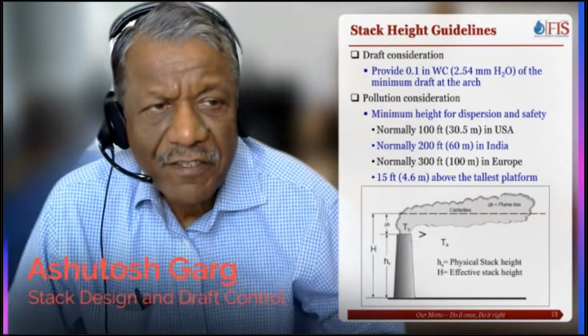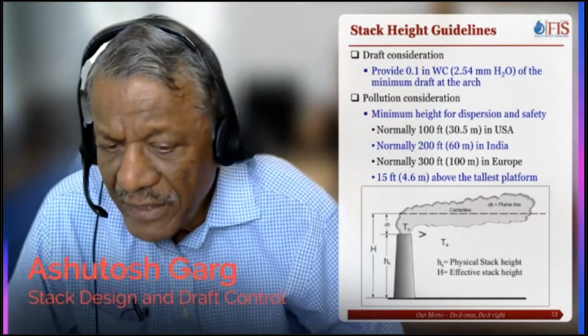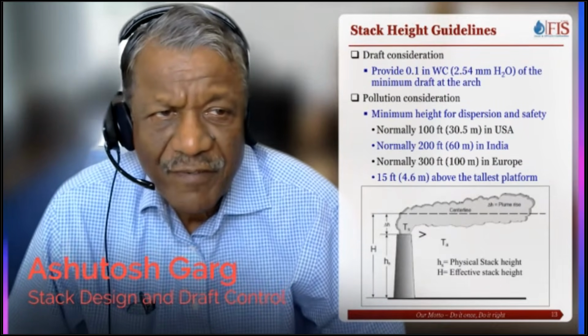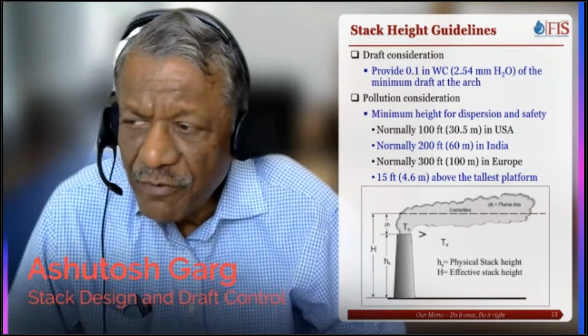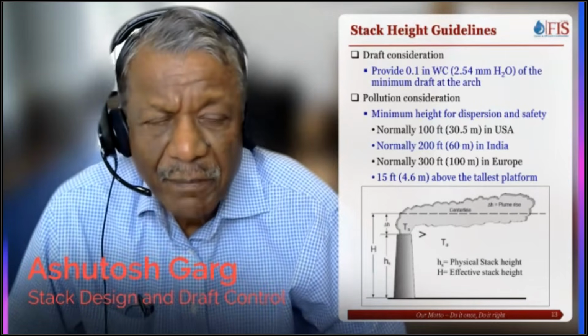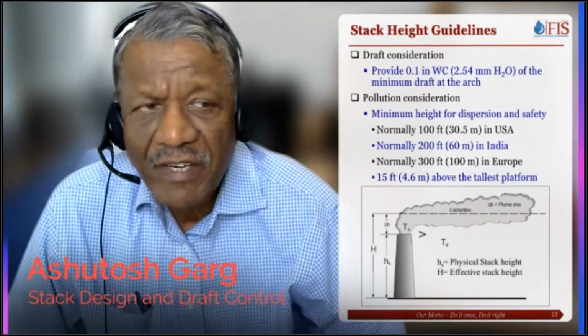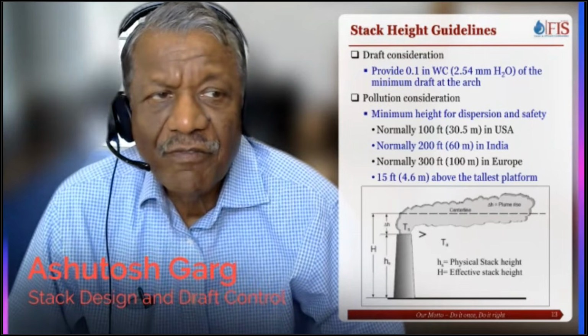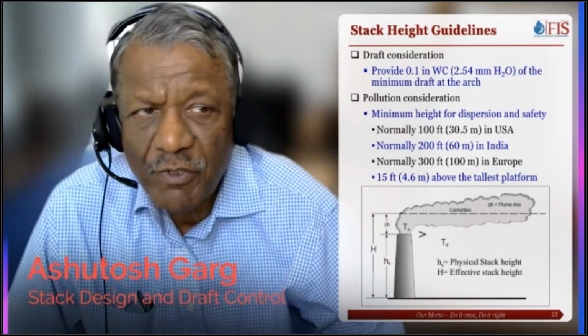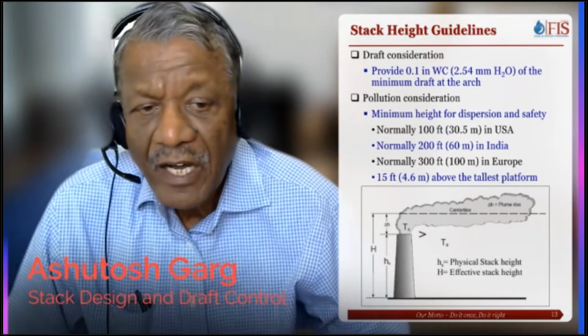So the stacks, the main function is to create negative draft, and what industry has settled on, the draft number is 0.1 inch or 2.54 millimeter of H2O. That's a minimum draft you want to keep at the arch. Why arch?